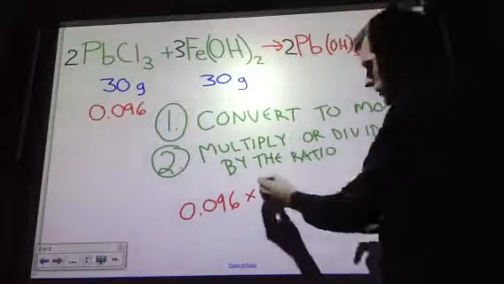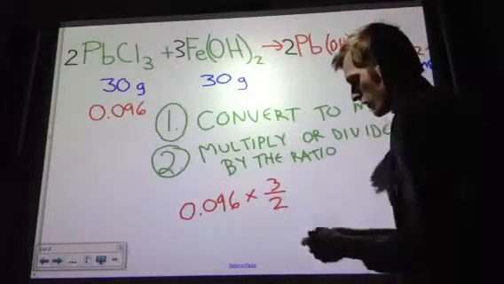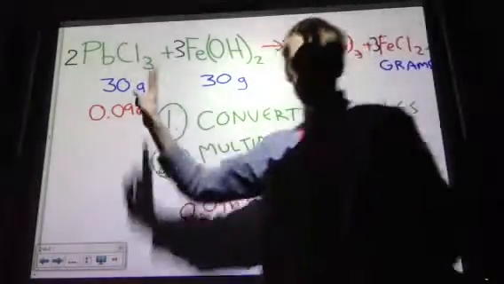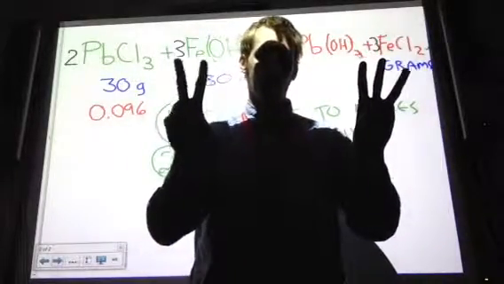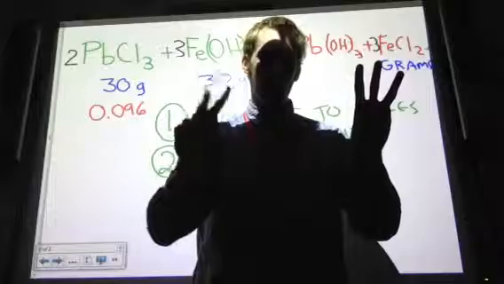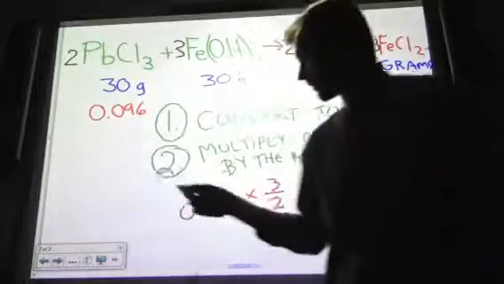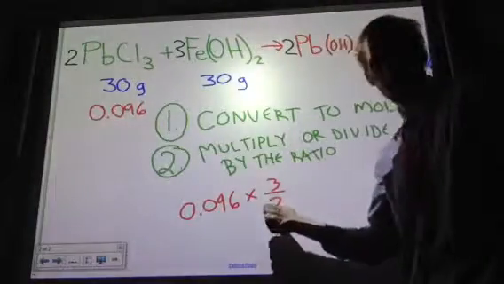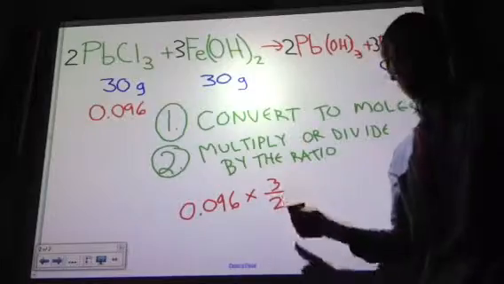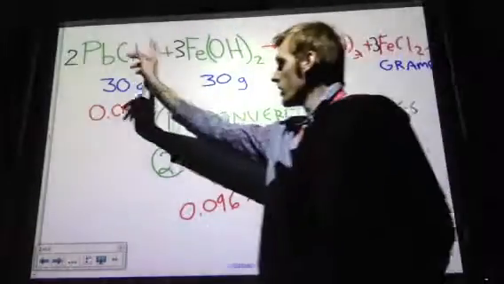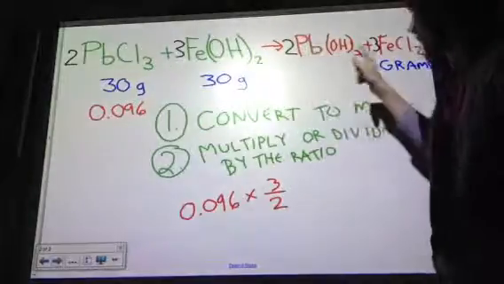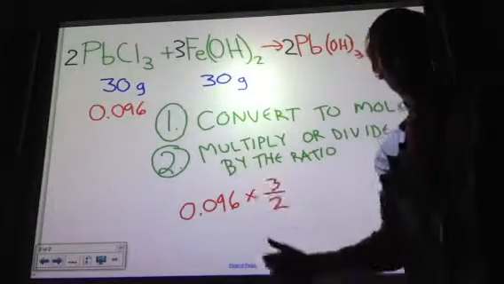Multiply by what you're looking for, divide by what you start with. Now this makes sense. To get from 2 to 3, you have to multiply by 1.5, right? If you take 2, multiply by 1.5, you get 3. 3 divided by 2 is 1.5, so this times 1.5 gives you your answer. So, start with 2 moles of this, end with 3 moles of this. That's a 3 to 2 ratio.